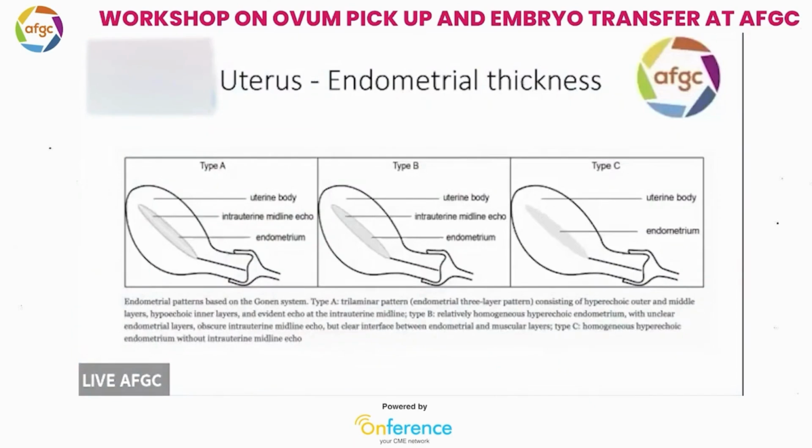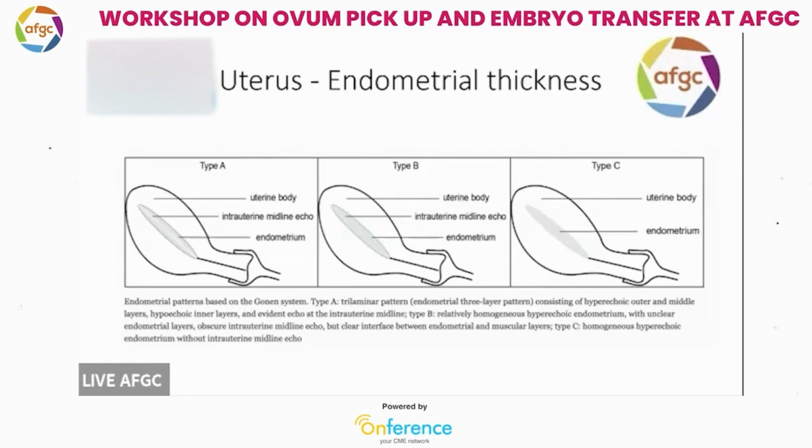We are discussing follicle monitoring while the next patient is getting ready. Now, as you have seen, one quick ultrasound will take about 2 minutes if you know what to look at.